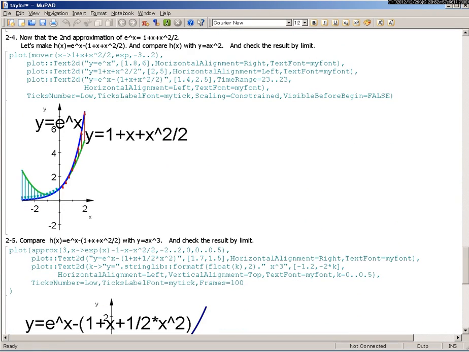So this time, we are going to find the third Taylor series. To find that, we have to subtract the second approximation. The second approximation is this one, 1 + x + x squared over 2, as we just did. We have to subtract this second approximation from y = f(x).